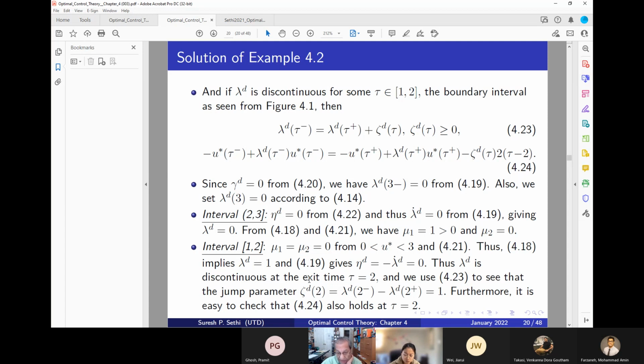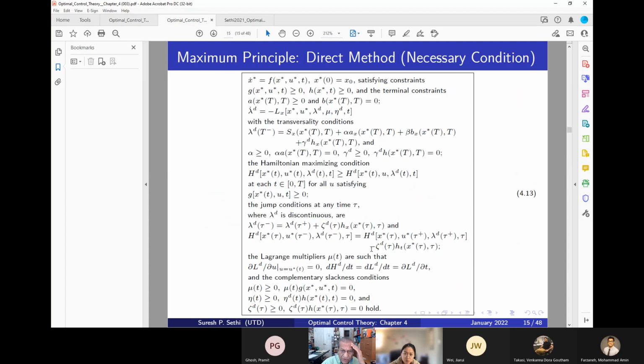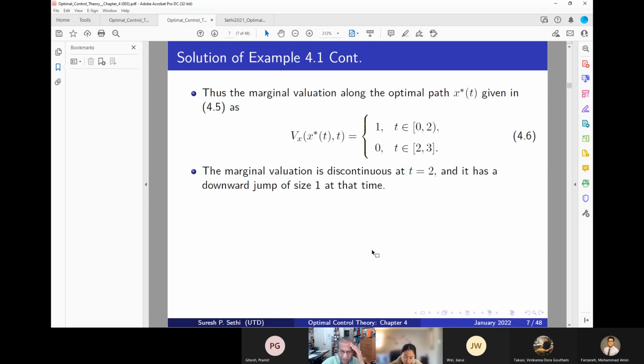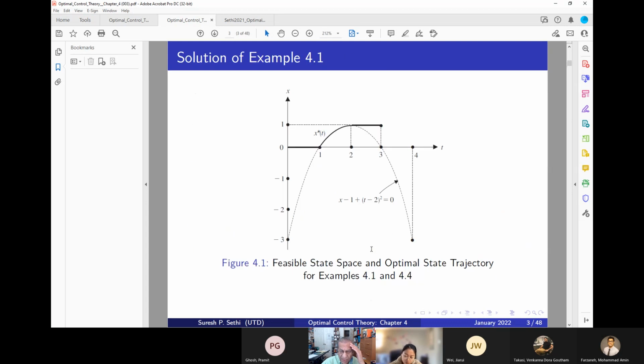And so it's discontinuous, then we can go here at 4.23 to find out what is the other side. See, what's going on is that if you go back to the picture, these problems are difficult, as you know. We are sort of going from here to find out what the lambda d is.